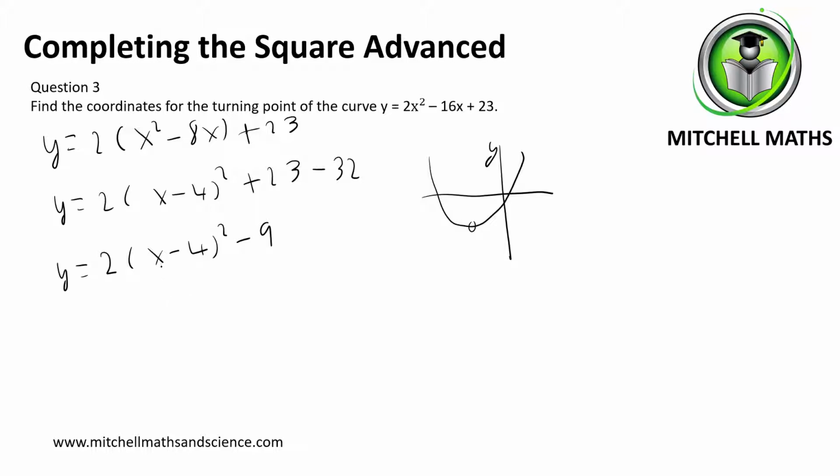Therefore, if we want to make this bracket 0, we need to make x equal to 4. Good, because 4 take away 4 is 0. And when this is 0, y is equal to minus 9. Therefore, the coordinates of our turning point are going to be 4, minus 9.